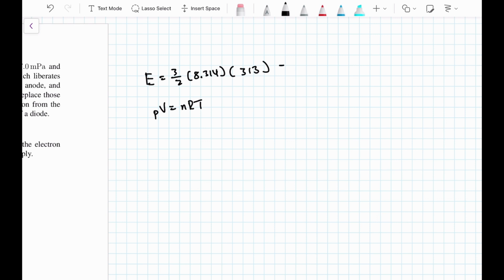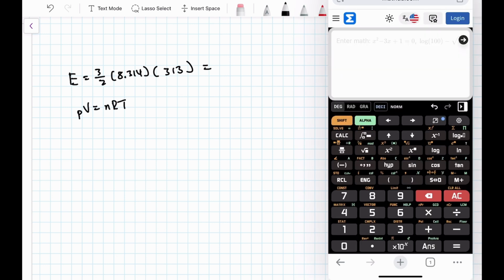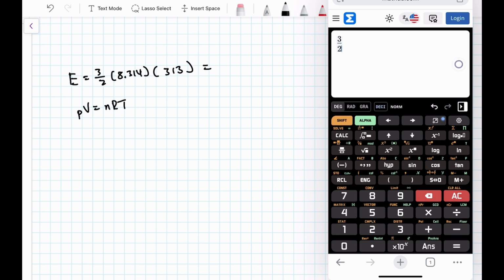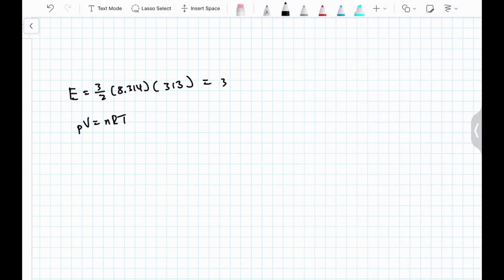That gives us 3/2 times 8.314 times 313, which is 3903 joules.